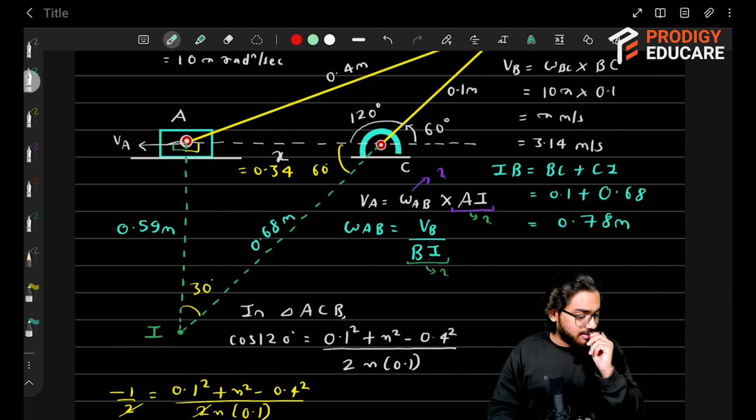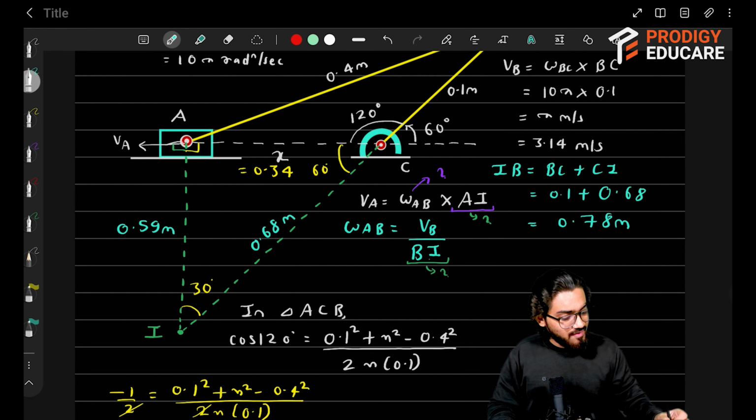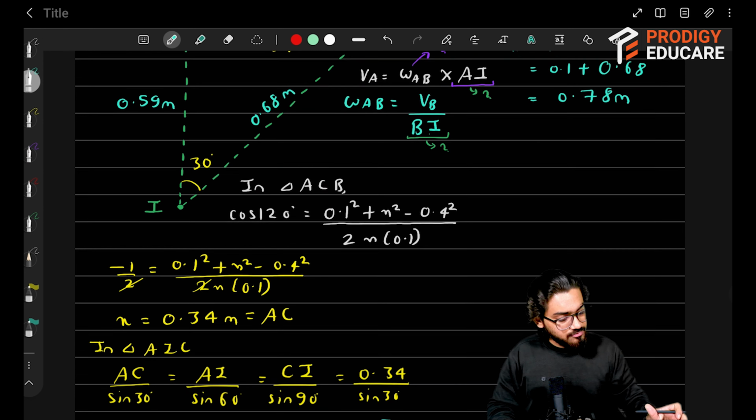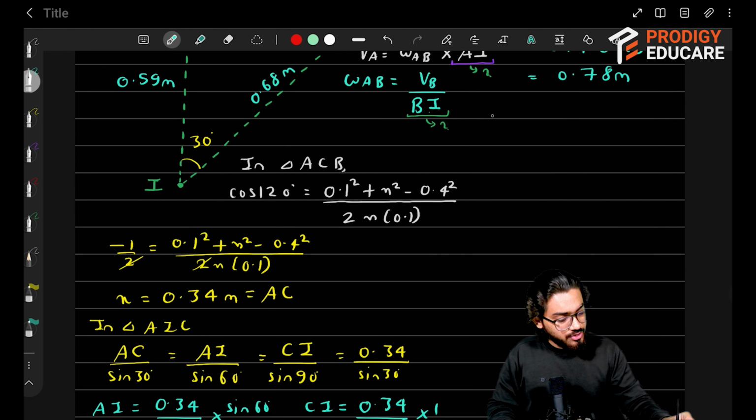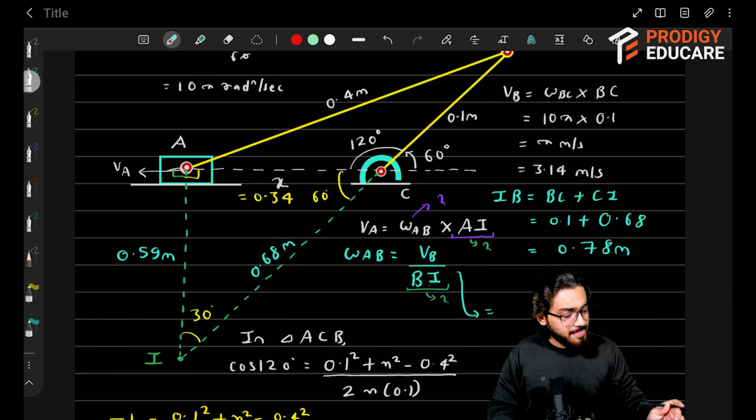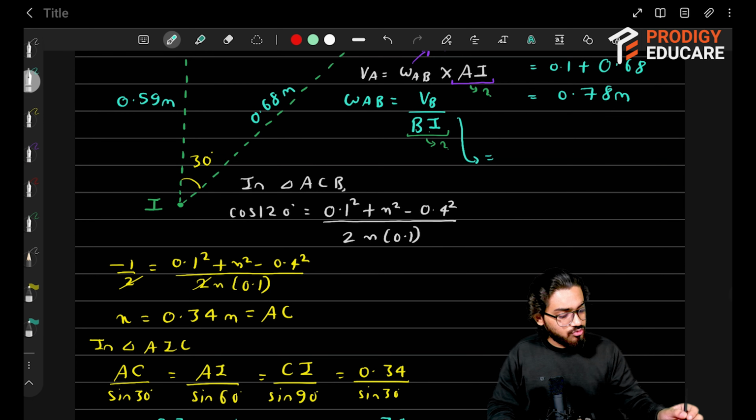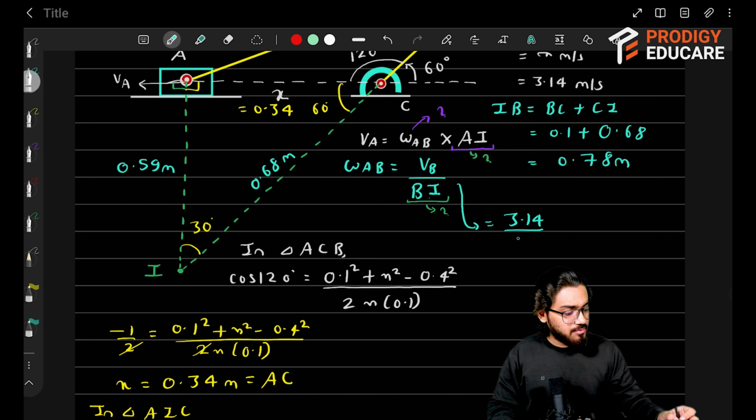And once you know IB, I'll be evaluating omega AB first. So omega AB is going to be VB, which we evaluated as 3.14 meters per second, divided by IB, which is 0.78.